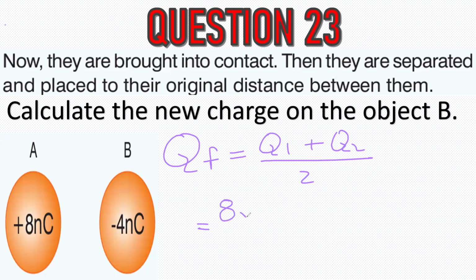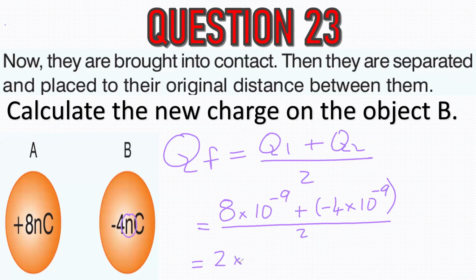So 8 times 10 to the power of -9. After this question, let's remember all these units. Because nano is 10 to the power of -9, plus -4 times 10 to the power of -9, over 2. So 4 over 2, and then we get 2 times 10 to the power of -9 coulombs.